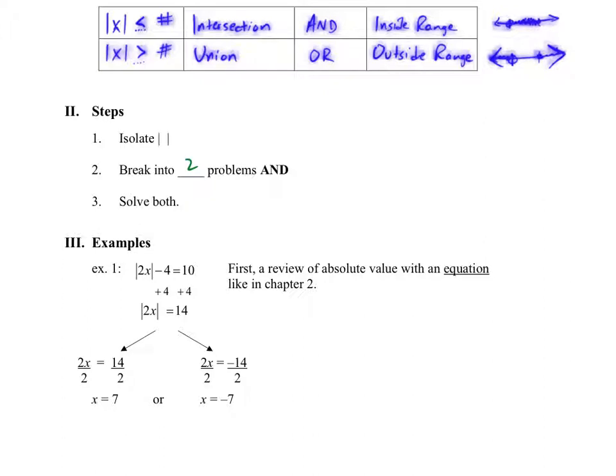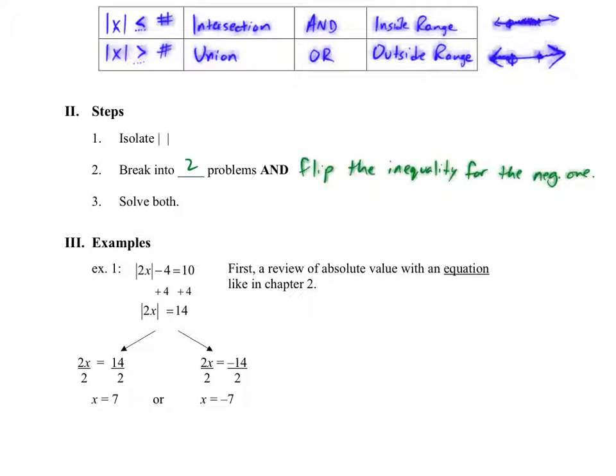Break into 2 problems and flip the inequality for the negative one. Remember how if you have an inequality, negative 5x is less than 2, if we divide both sides by negative 5, we had to flip that sign. Agreed? So the less than would become a greater than. And then we solve both.